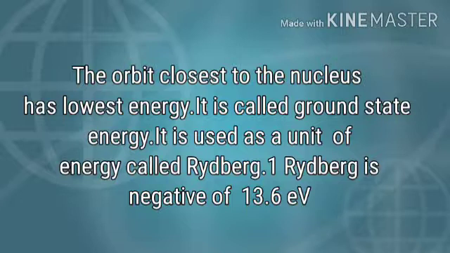This lowest value is called the ground state energy. The ground state energy of the electron is minus 13.6 electron volt, which is used as a unit of energy called the Rydberg.